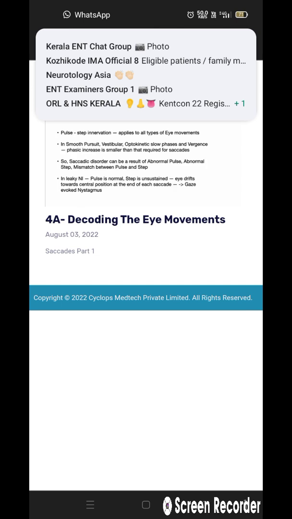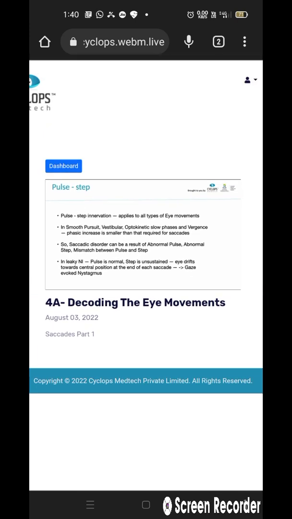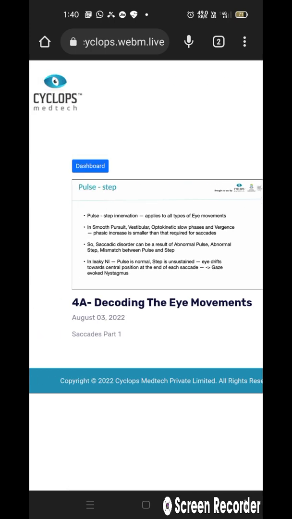This pulse and step innervation applies to all types of eye movements. In smooth pursuit movements, the vestibular movements, optokinetic slow phase and vergence, the phasic increase is smaller than that required for the saccades.